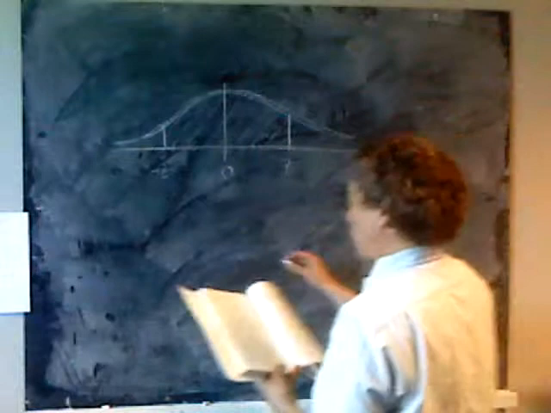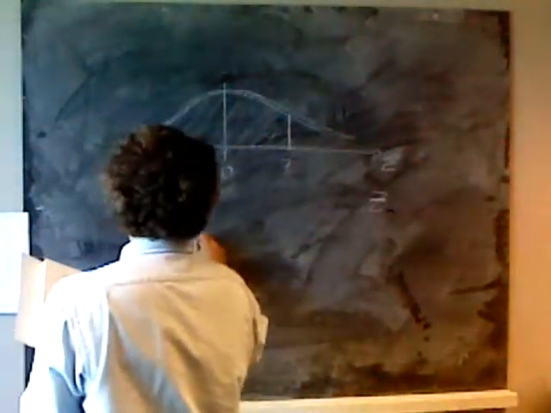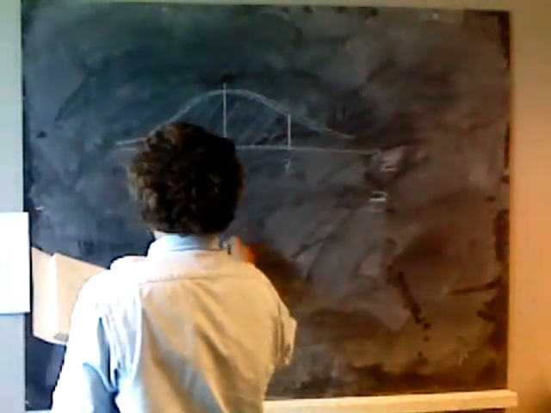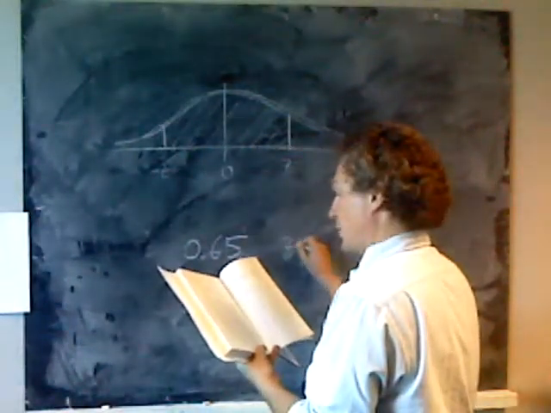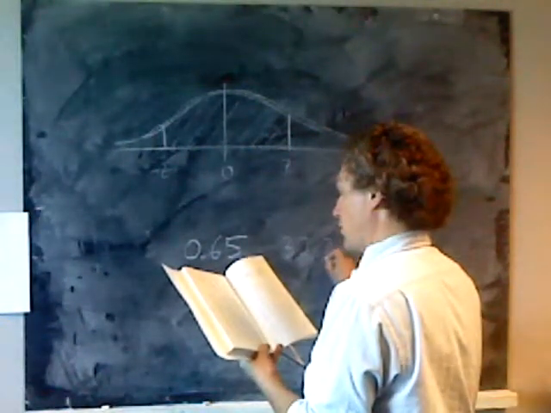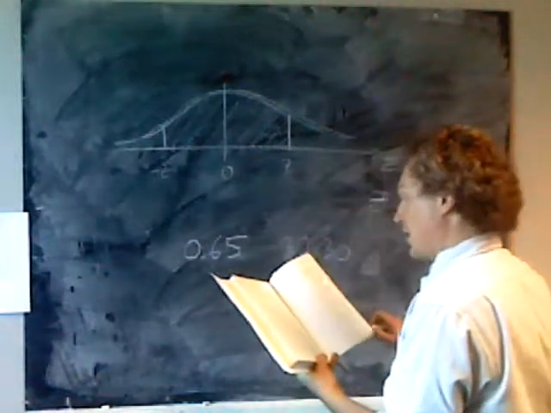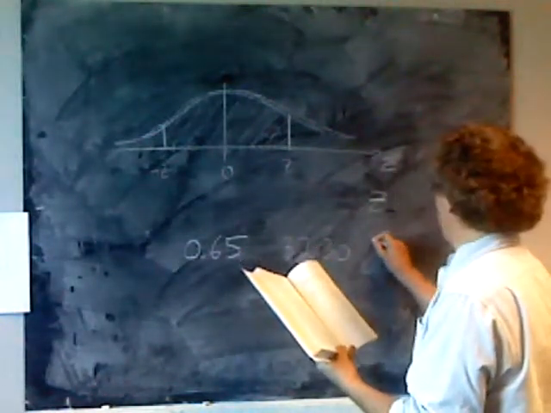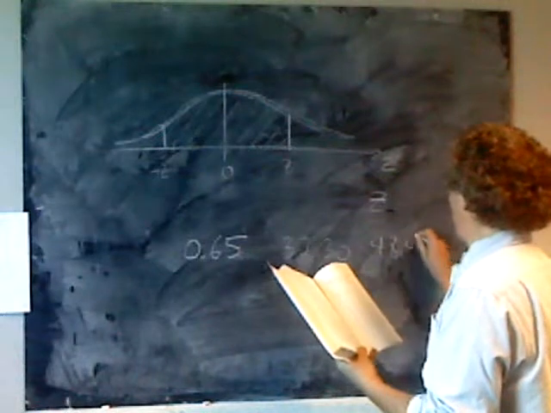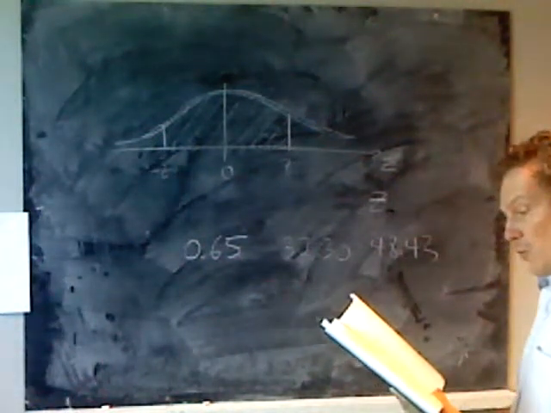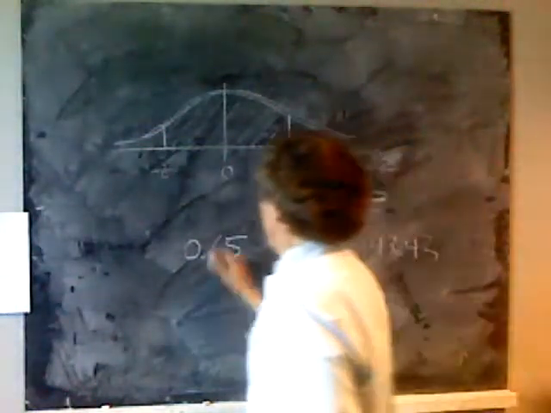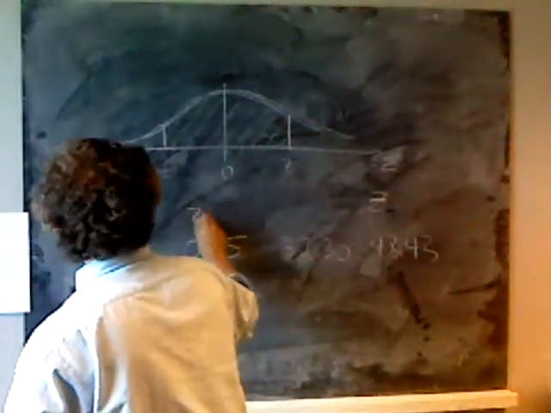So I see a row in my z table that says 0.65, and then it has the number 32.30 there, and then it has a number 48.43. So those are the three numbers in that row.